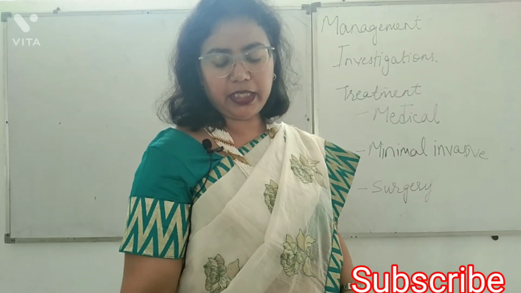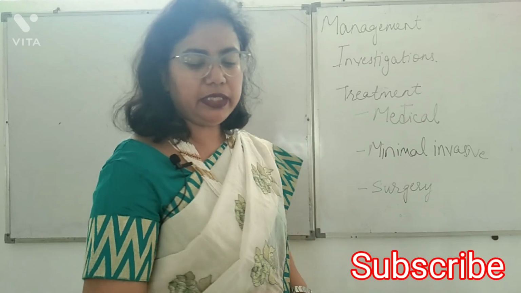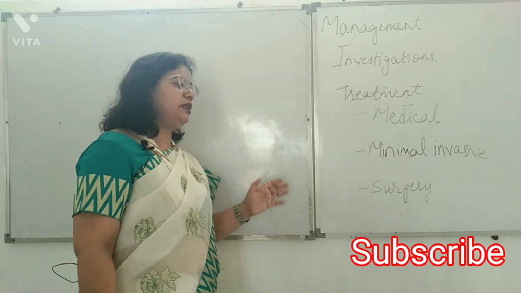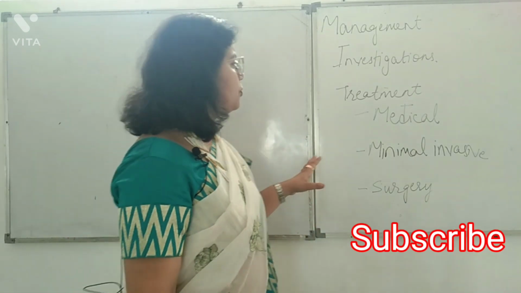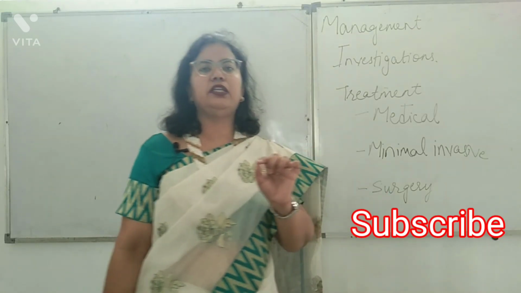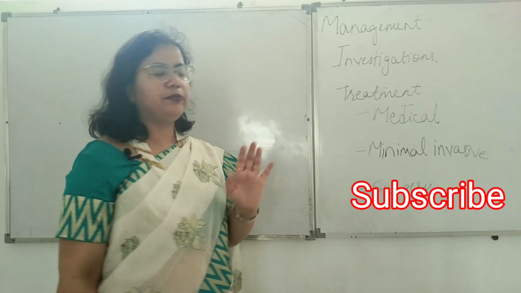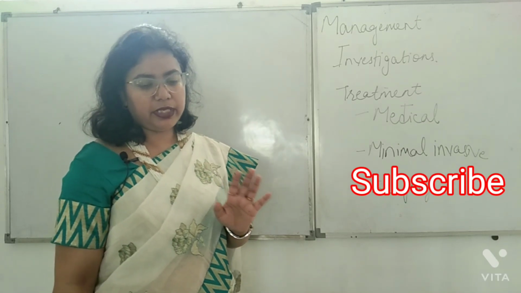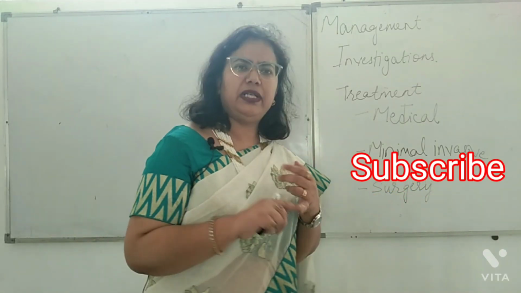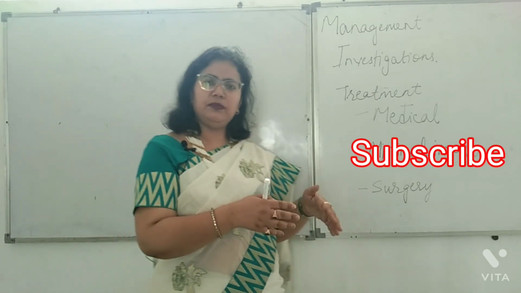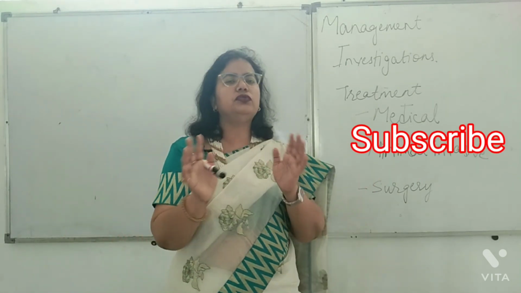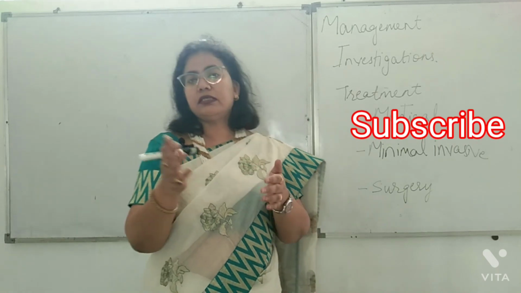Now, what are the indications when you have to treat even a non-symptomatic fibroid? We know that only symptomatic fibroids need treatment, but there are some conditions where even asymptomatic fibroids need treatment. One is when it is causing infertility. Infertility becomes the symptom in that case, so you cannot say that it is asymptomatic.